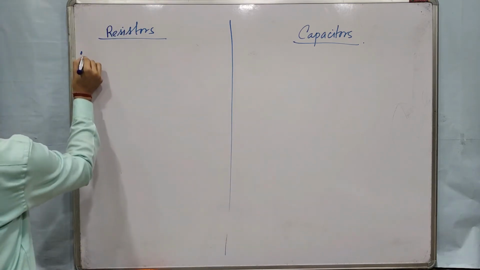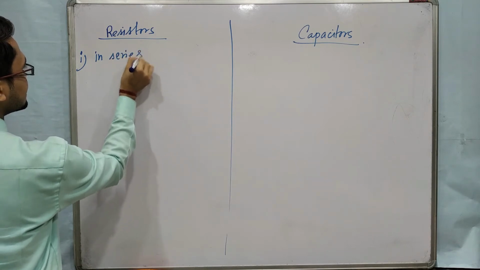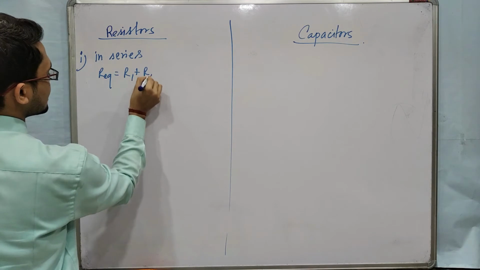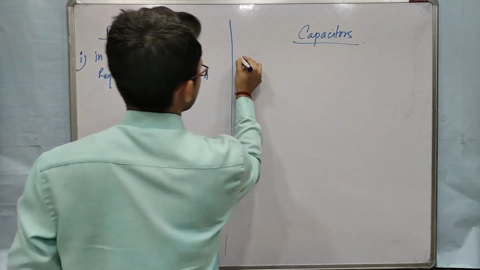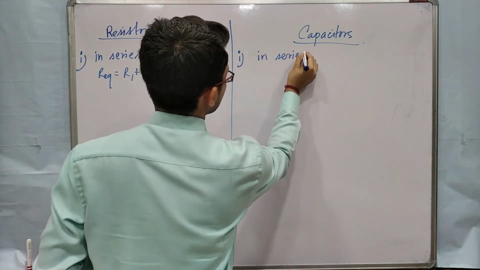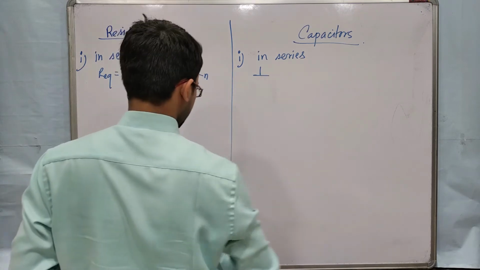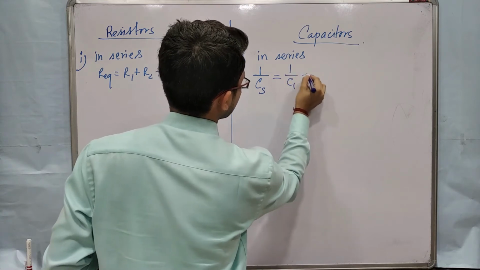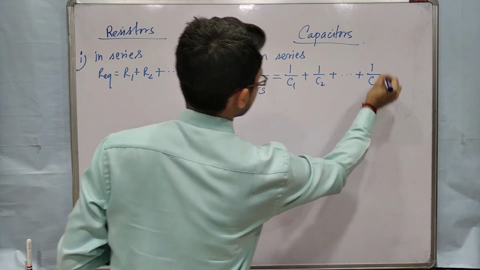First point: if resistors are in series, then what will be the equivalent? R equivalent equals R1 plus R2 plus dot dot dot Rn. If capacitors are in series, then what will be the formula? 1 by C series equals 1 by C1 plus 1 by C2 plus dot dot dot 1 by Cn.